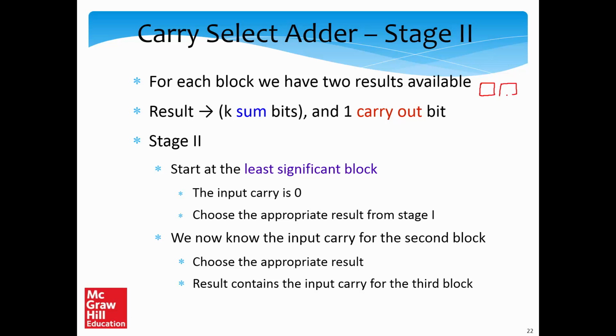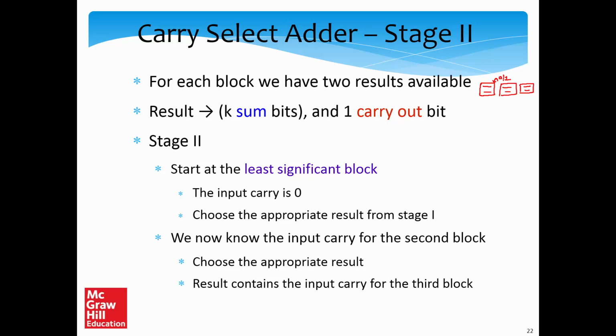For one block, we'll have 2 pairs of 4-bit numbers, right? So for each block, we actually produce 2 results. The first result assumes that the input carry coming from the previous block is 0, and the second result assumes that the input carry coming from the previous block is 1. The result will have the sum bits and a carry out bit.